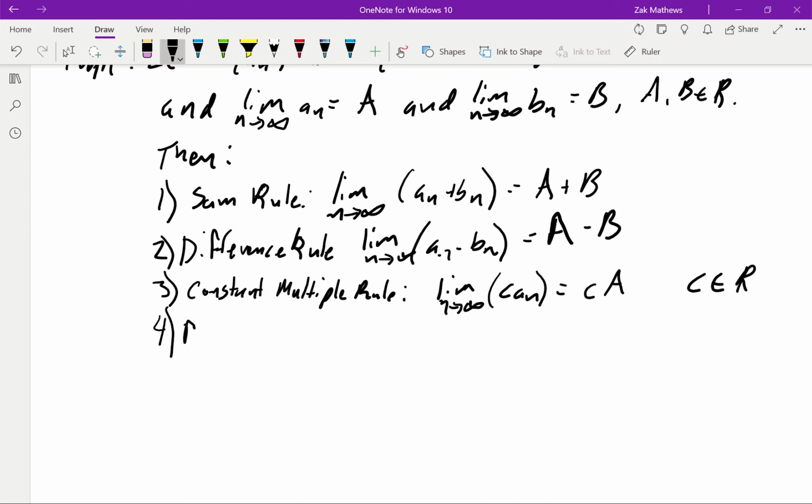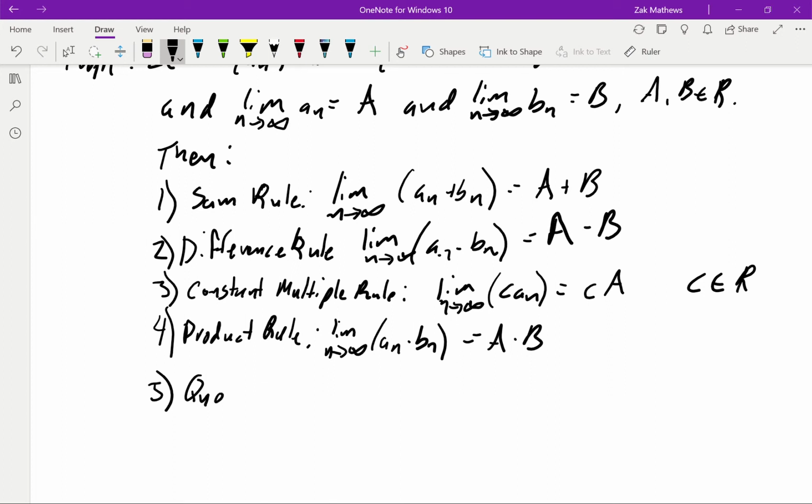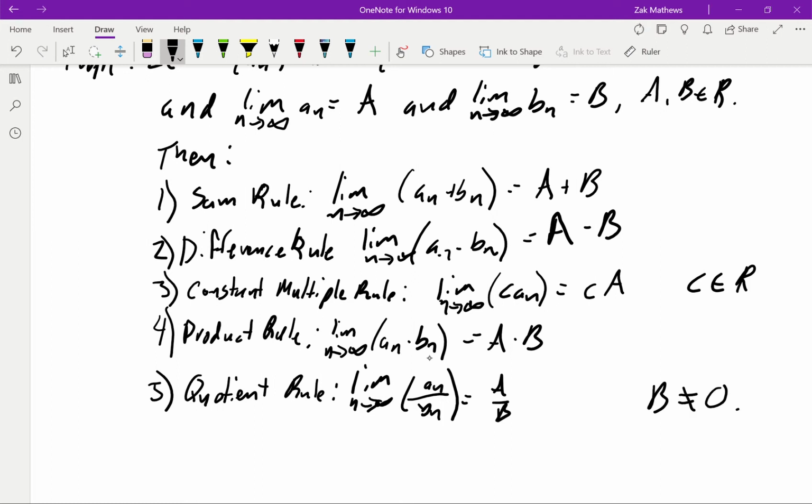We have a product rule, which says if we have the limit as n goes to infinity of a_n times b_n, well, we can break apart those limits and it's simply equal to A times B. We have a quotient rule, which says if we have the limit as n goes to infinity of a_n over b_n, we can write that as A over B with the restriction that B is not equal to 0. That's the only one that we need that restriction for.